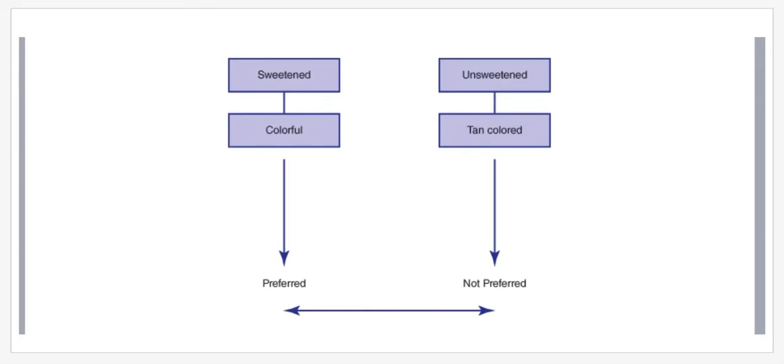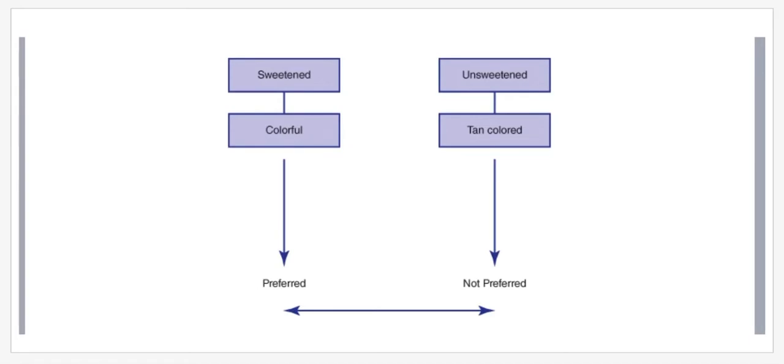But the question is, was it because it was unsweet, or is it because it was not a very pleasing color? And so this goes back to what we talked about in the first video about how you have to separate these variables out as much as possible in order to be able to determine these cause and effect relationships. Here we need to separate the color from the taste in order to see which one they truly prefer.